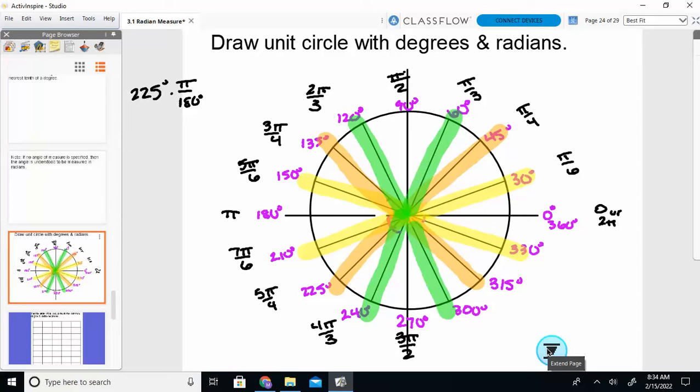All right, let's go ahead and finish this, and then we'll look at some other patterns. So if we keep going around, 300 times pi over 180. If you do 300 over 180, and math number 1 to get it in a fraction, 5 pi over 3. At 315 times pi over 180.